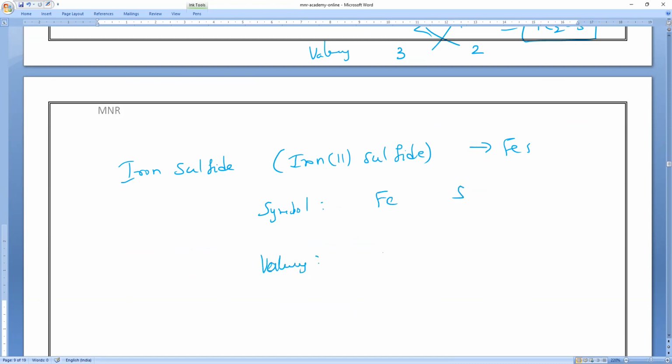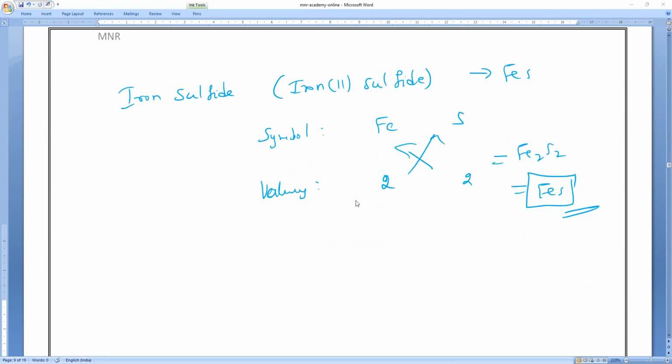Please note it. When the valency of iron is 2, if you do the crisscross, we get Fe2S2, which simplifies to FeS. Understood? Any doubt, you can ask me. Clear?